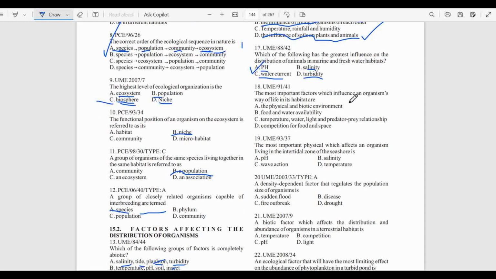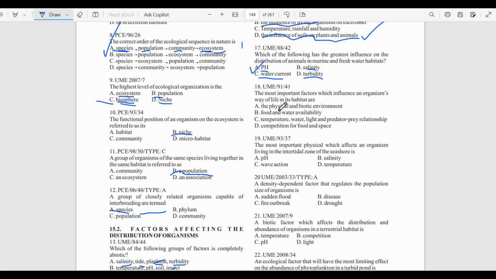Question 18. The most important factors which influence an organism's way of life in its habitat are: A, the physical and biotic environment; B, food and water availability; C, temperature, water, light, and predator-prey relationship; and D, competition for food and space.